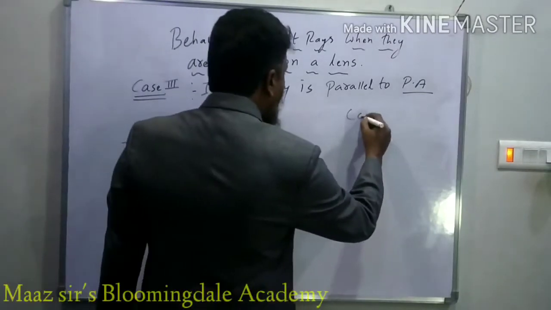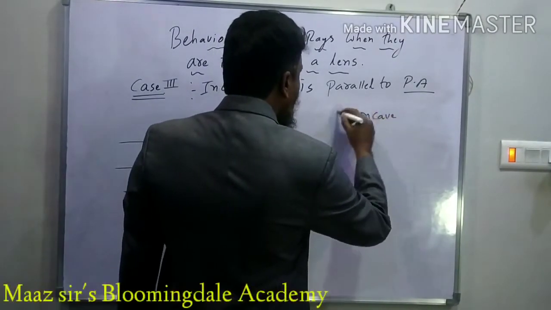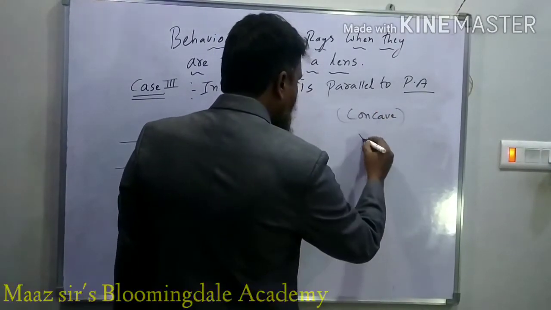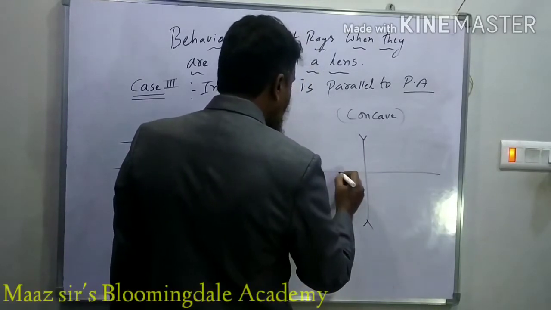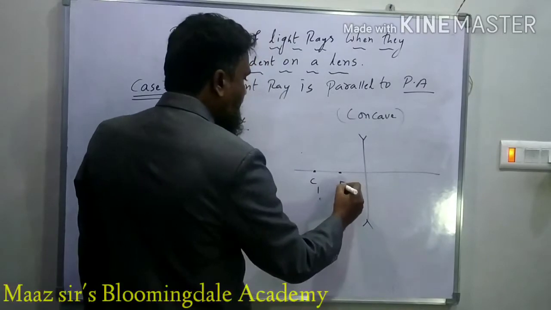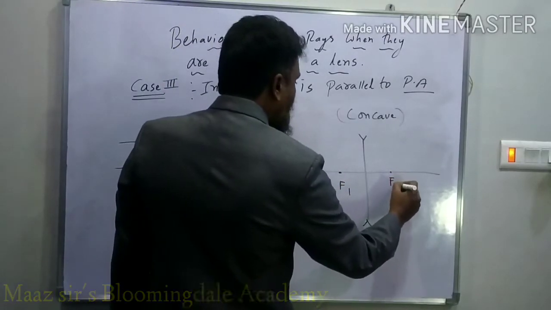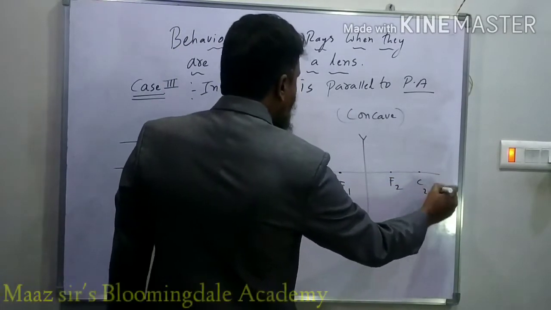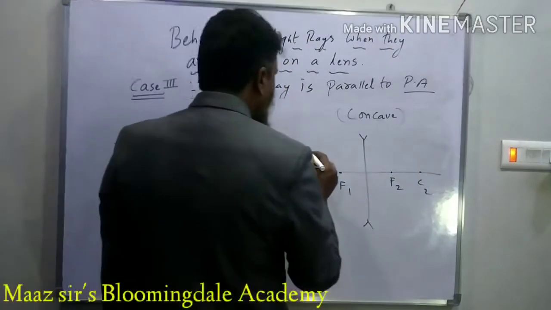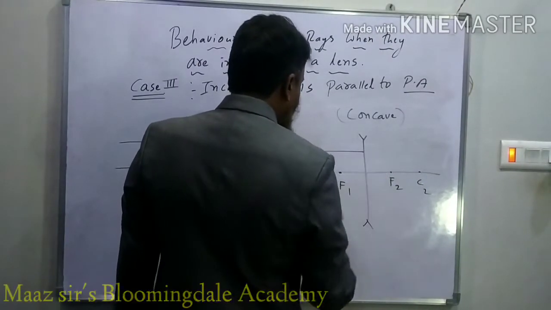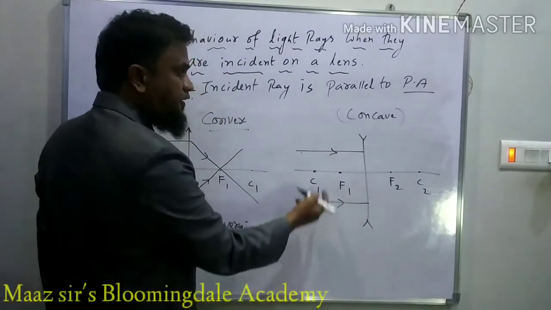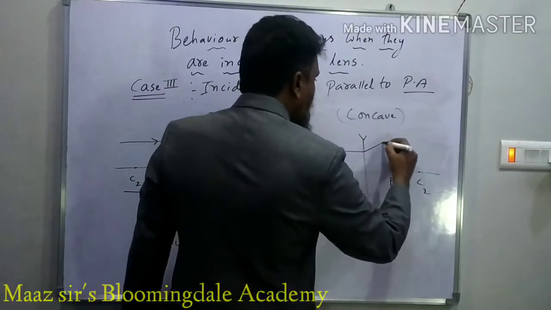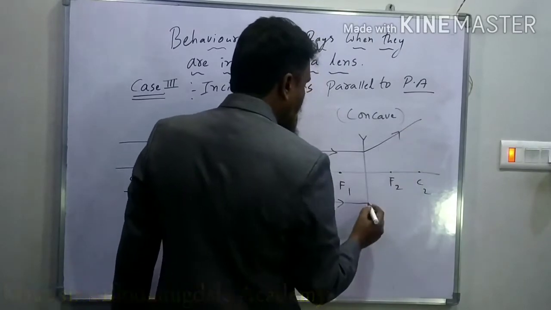Now coming on to the concave lens. This is the concave lens. As usual you have to remember here C1, F1, F2, C2. So if this is the incident ray, parallel to the axis, what happens after refraction?